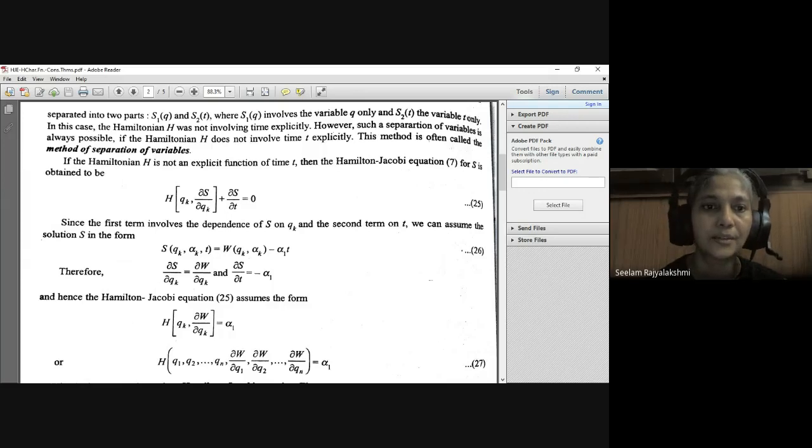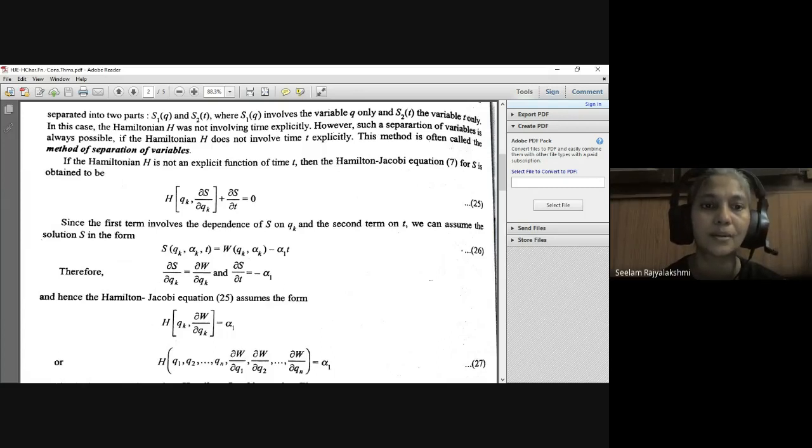Here dou S by dou qk equals dou omega by dou qk. That means if you obtain the derivative of S with respect to qk from this solution, we obtain dou omega by dou qk, and dou S by dou t equals minus alpha 1.